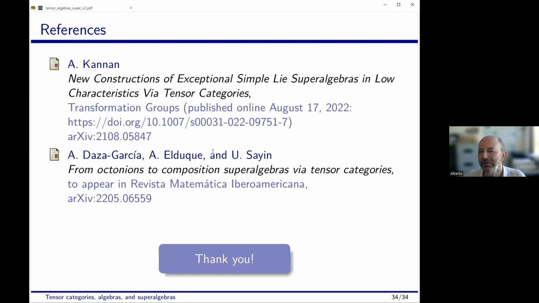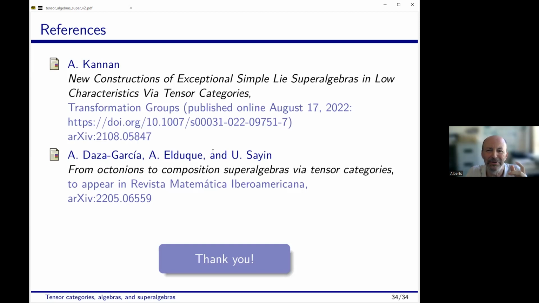So in a way, this explains why these things happen. Because in characteristic 3, when we semi-simplify these representations of C3, we get superalgebras in the same variety as before. And this, for me, has been quite surprising. But it's nice.